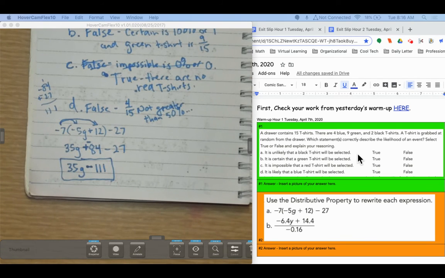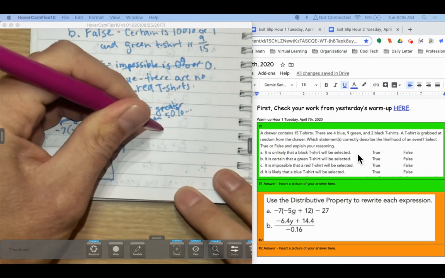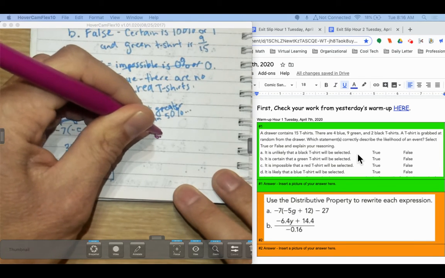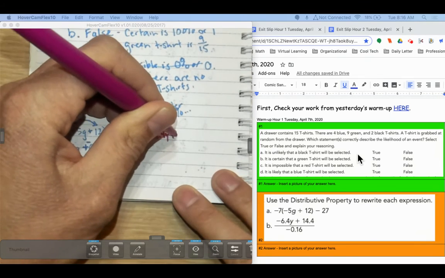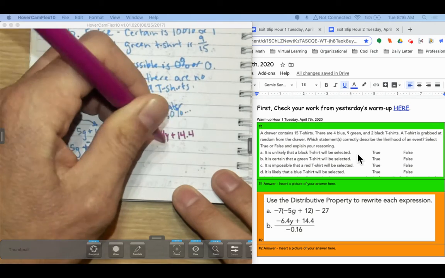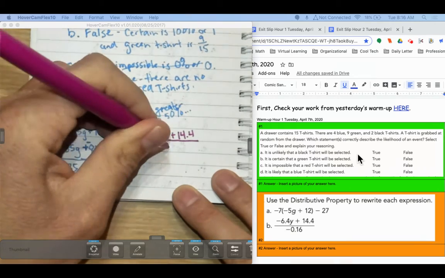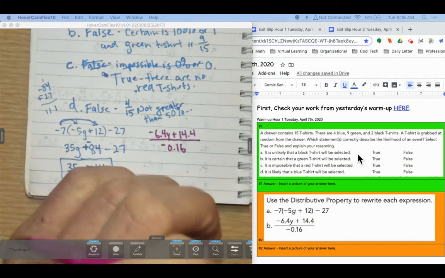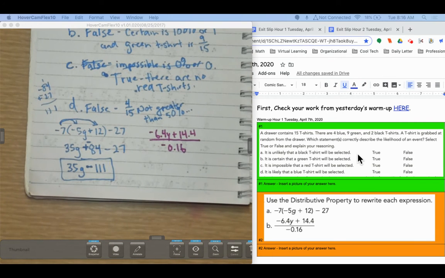Last but not least, we have negative 6.4y plus 14.4 all over negative 16 hundredths. Okay, this is the distributive property of division over addition.